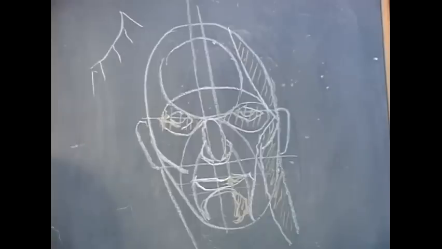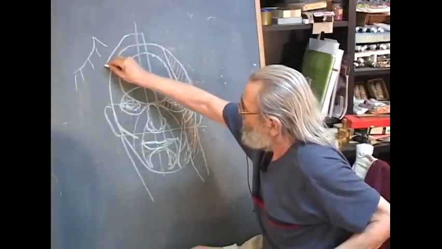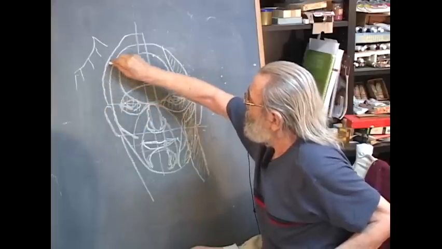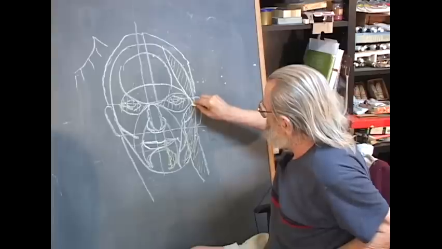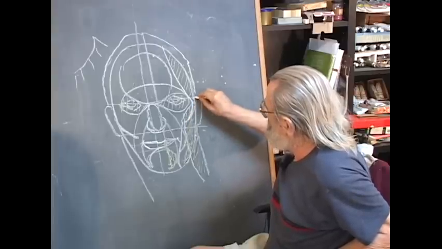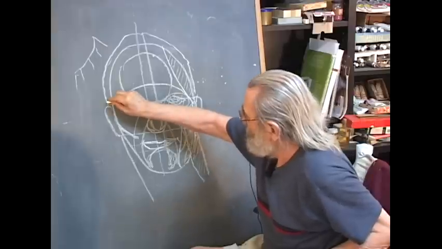So we have the general planes. So let's show the hair more or less over here. It goes down the sideburns right here and here.